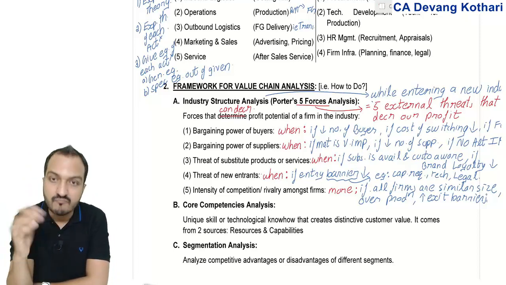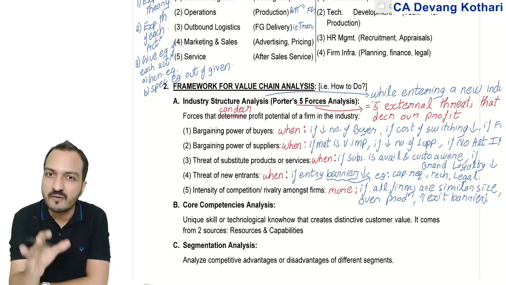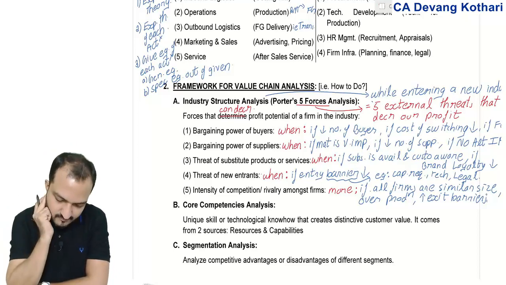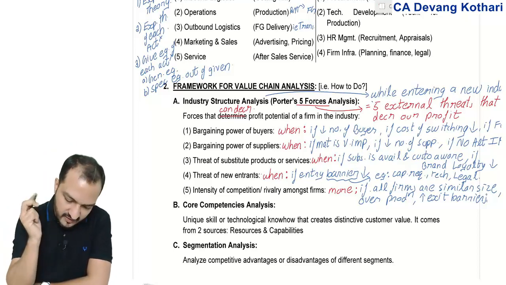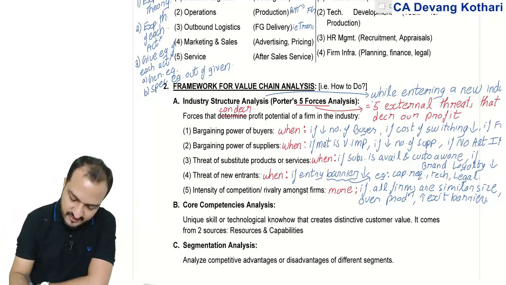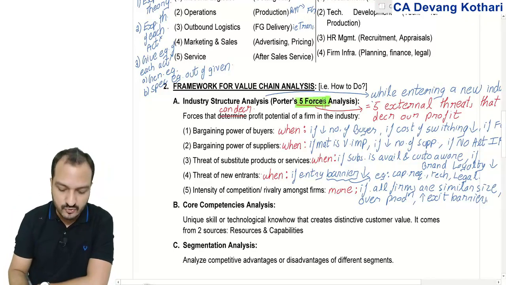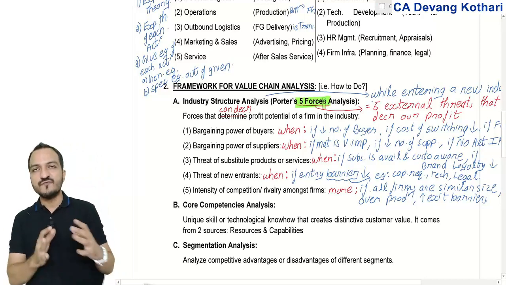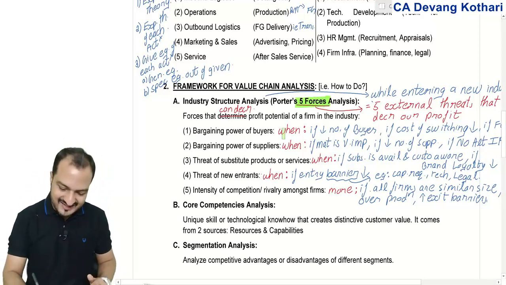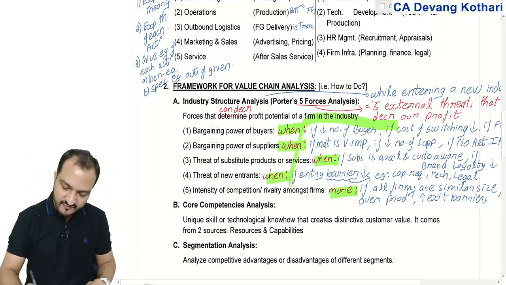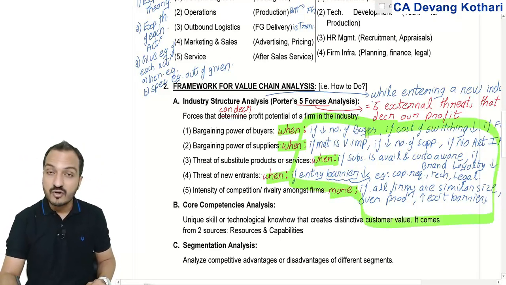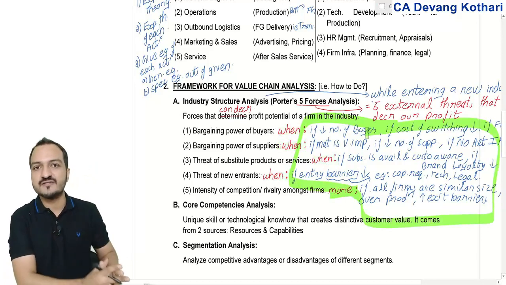So there will be more exit barrier, so more intensity of competition, right? Anyway, so these are the situations under which the five forces will come into play. The most important part of these five forces is to understand when these forces exist. This 'when' part that I have written here is the important part that will help you answer the case studies.